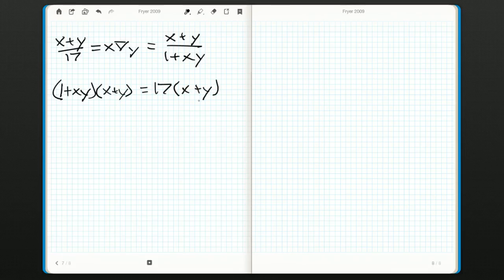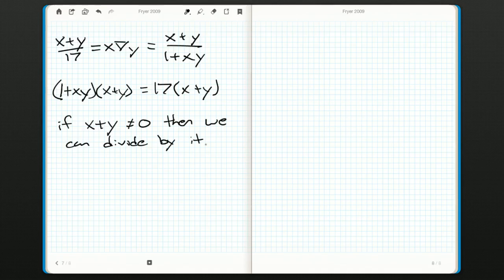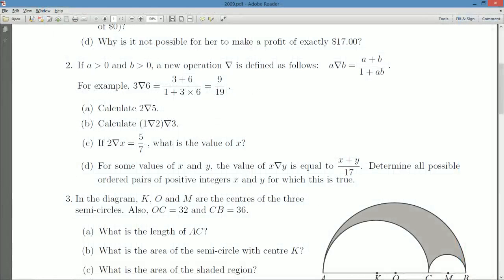So I notice I have an x plus y on both sides. If it's not 0, I can divide by it. Now, if we go back and check the question, the inputs for this operation have to be greater than 0.